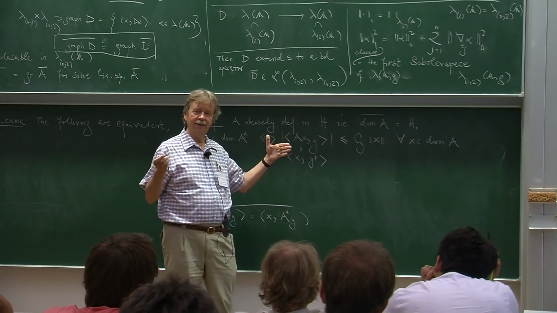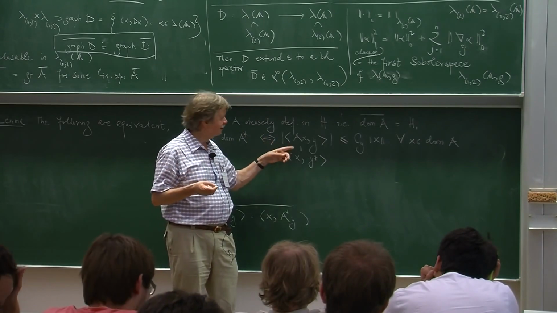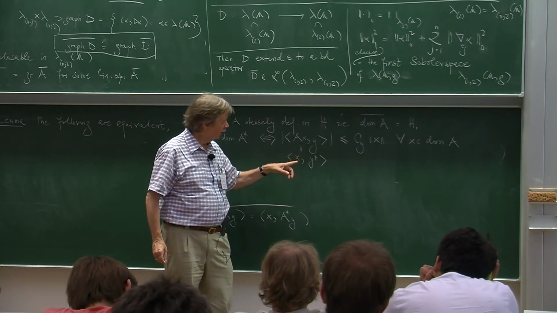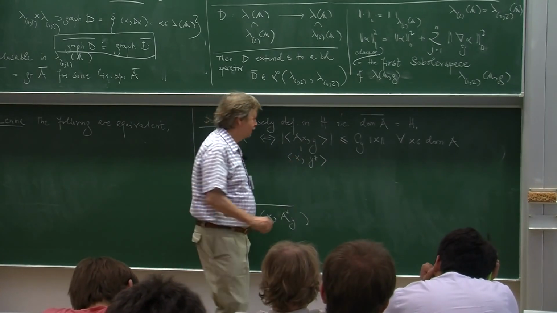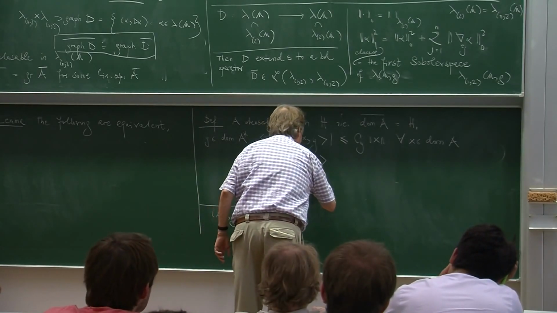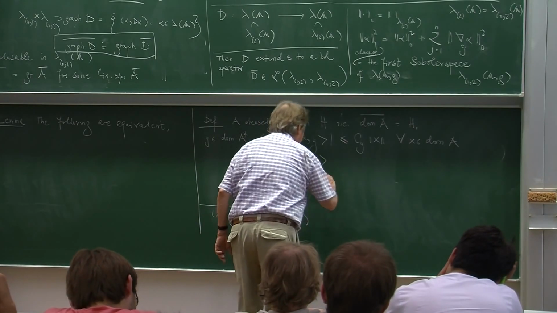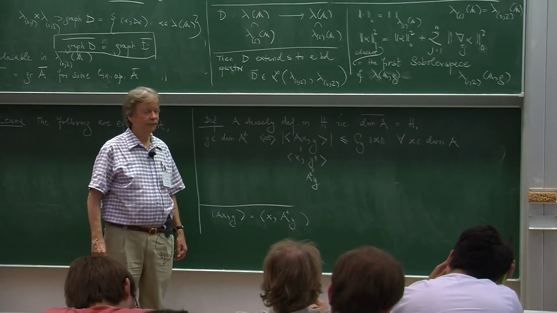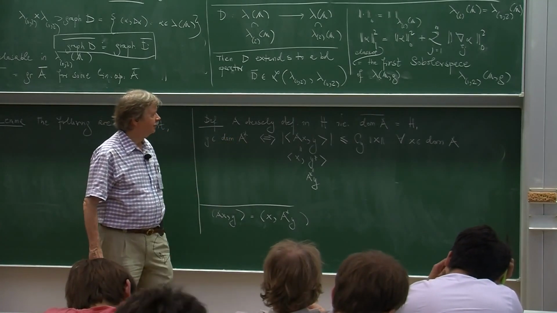So by continuity, I can extend this functional, only this functional, to all of the Hilbert space. And by Riesz, I get this. And this here I call A star of y because it depends linearly on y, obviously. Okay, this is the simple step.